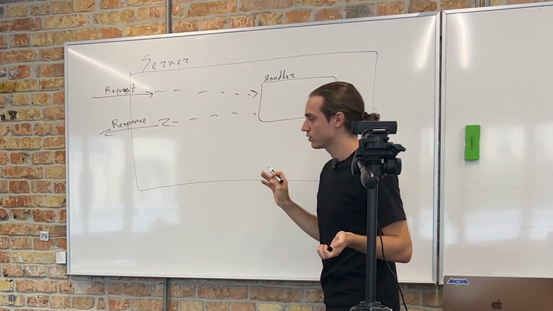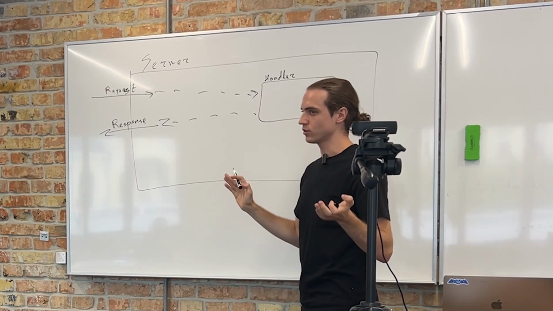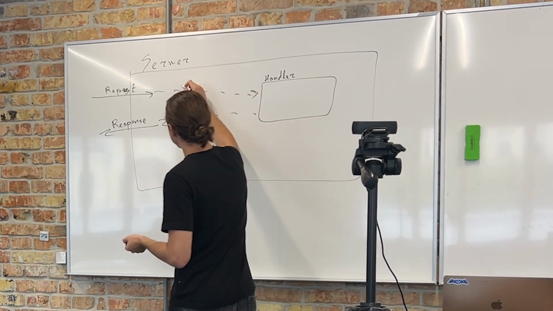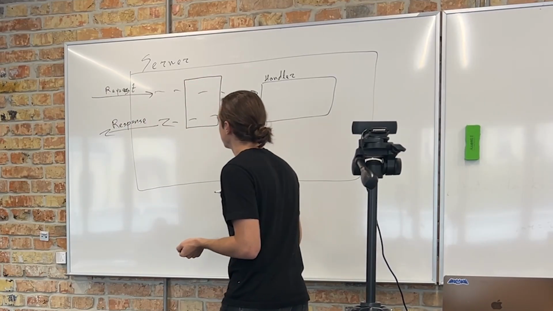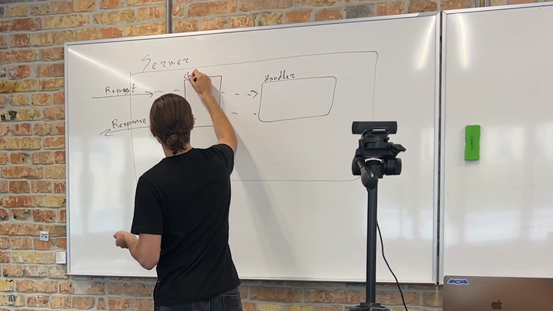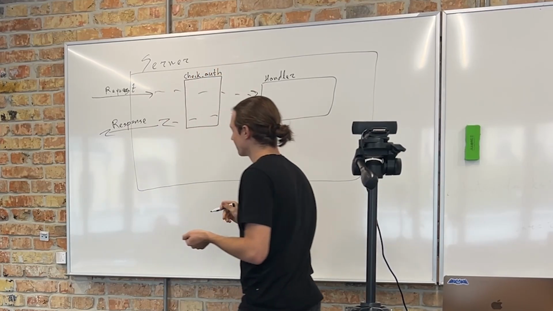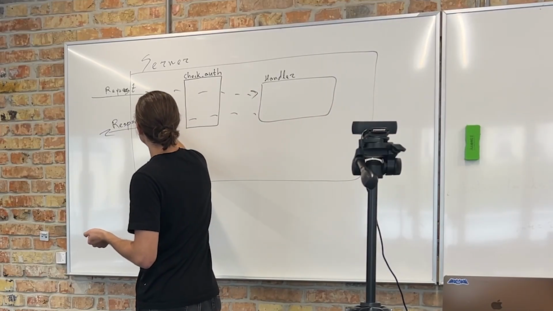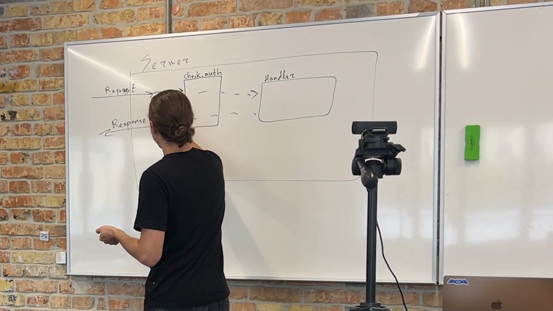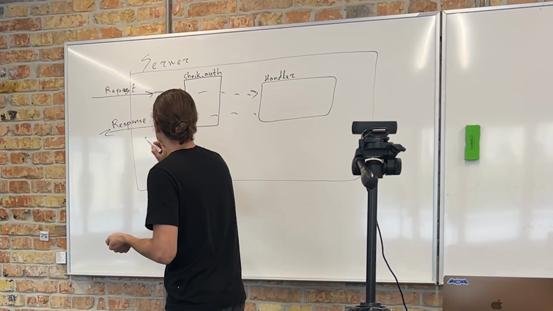What is middleware? Middleware is like an additional filter. We can add an additional method, for example, check auth. This method receives a request as an input and returns a response.